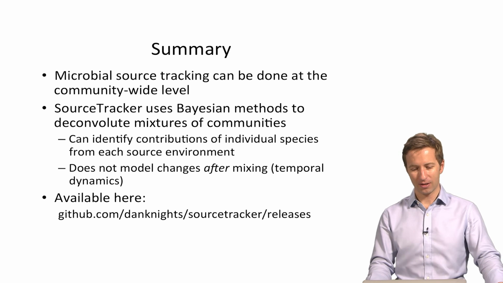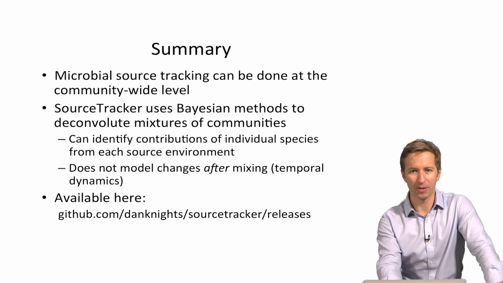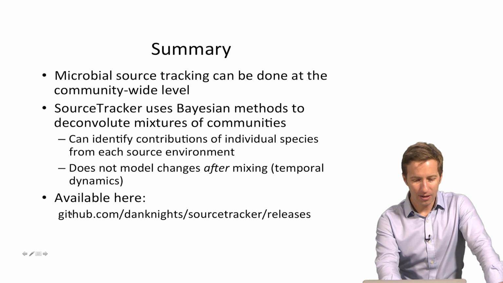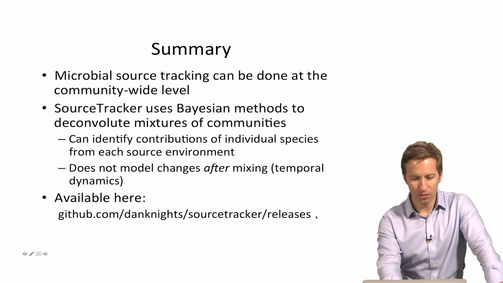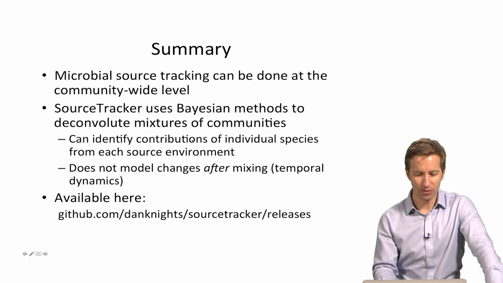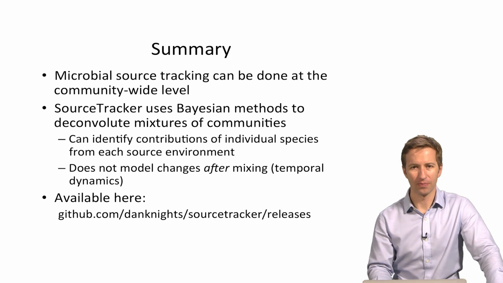However, we found that in a lot of biological applications, it has still been quite useful, even though there may be some temporal dynamics. And it's available on GitHub, so you can see release 1.0 there, which automatically gives you these outputs, the outputs of the individual contributions of each bug from each source.